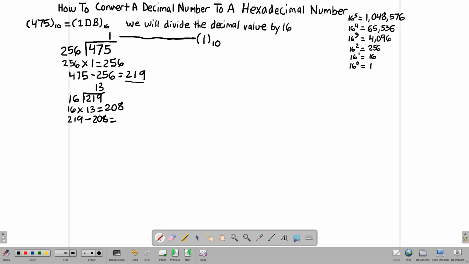And this will give us a difference of 11. So we move the 13 over, still in decimal form. So this is 13, and we say at this point it's represented in decimal form. So the next difference here we have is 11.